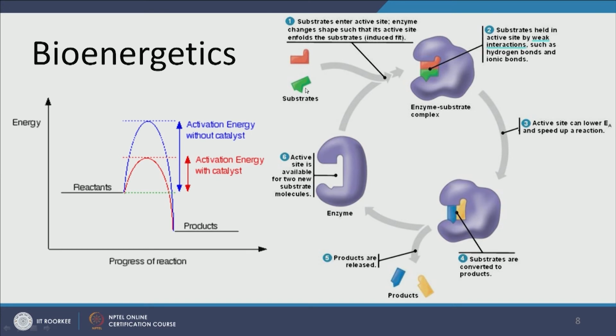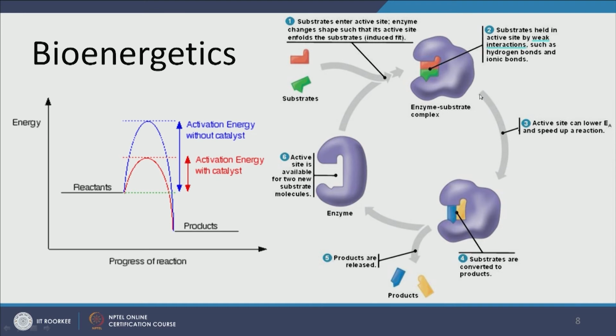Now these enzymes usually have some space, some stereo arrangement, a configuration that will perfectly hold the substrates. So, A and B, let us say A is the red one and B is the green one, they will perfectly fit into the enzyme and form what is referred to as enzyme substrate complex. And when they fit perfectly like lock and key, then the enzyme substrate complex will have a different configuration. You can see it does not look like this anymore. And once this has happened, they have fit perfectly and that is why they are more stable, but their presence there creates stress on the enzyme and that stress is used to convert them into products.